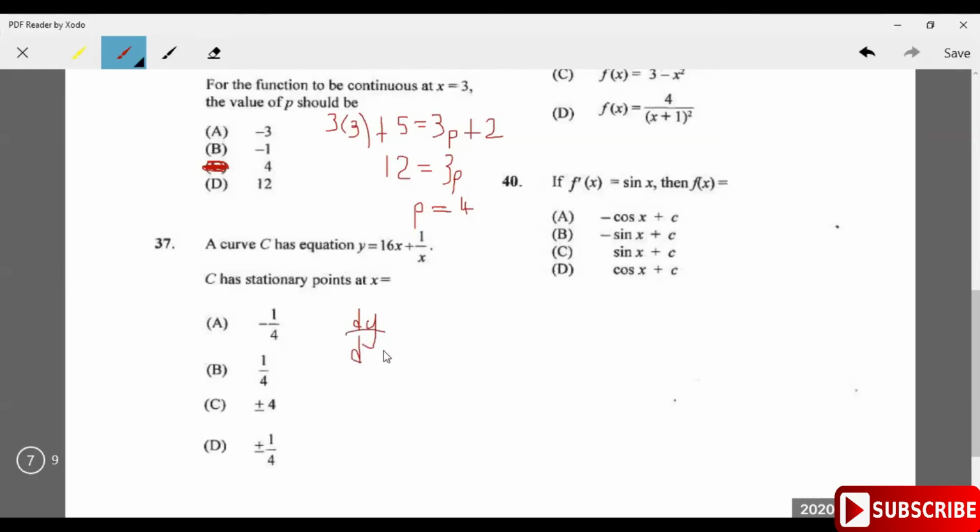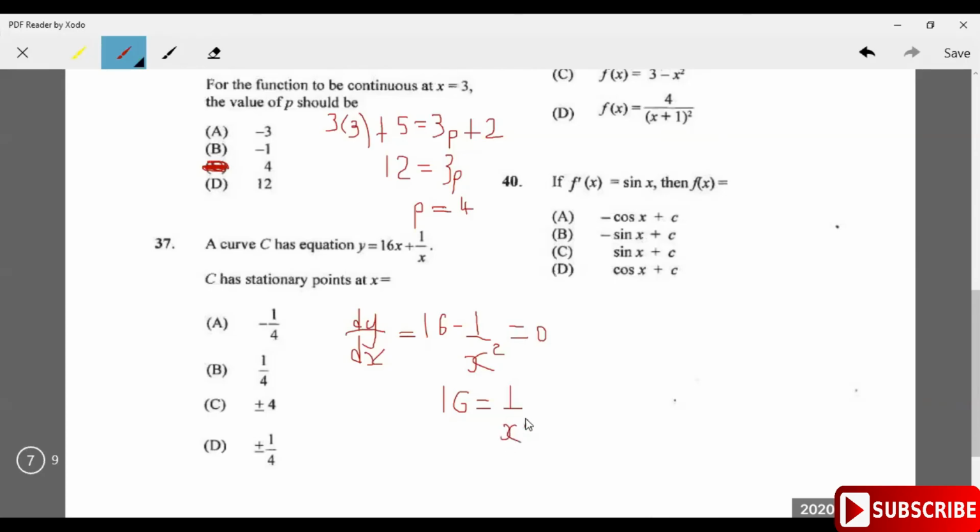So dy by dx is equal to, we differentiate 16x to get 16, and differentiate 1 over x to get minus 1 over x squared, because we can rewrite 1 over x as x to the minus 1.